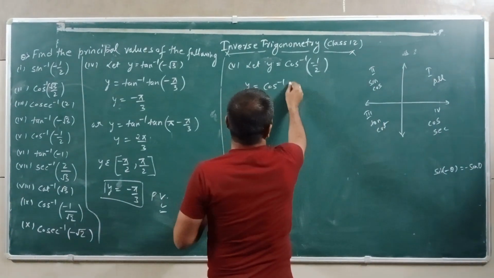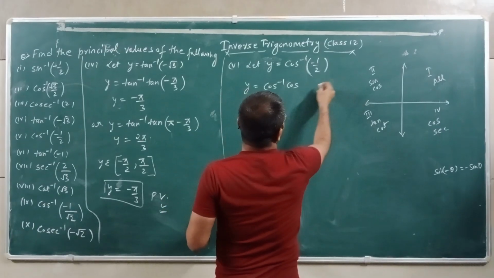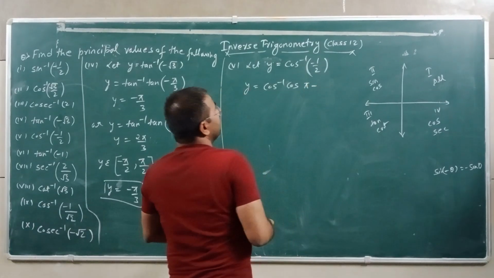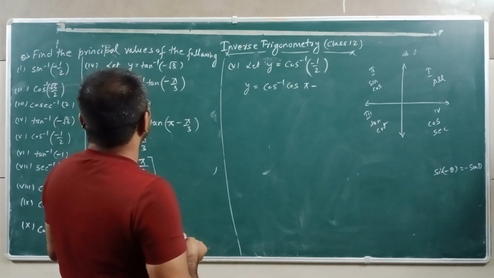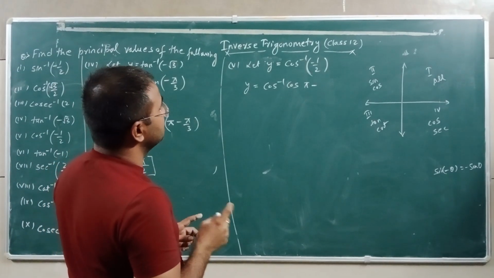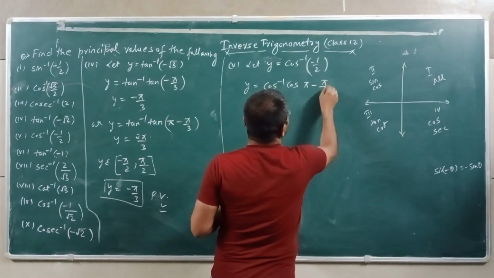So either you will write it as cos of pi minus, now 1 upon 2 is the value of cos 60. Cos 60 in radian form can be written as pi upon 3.